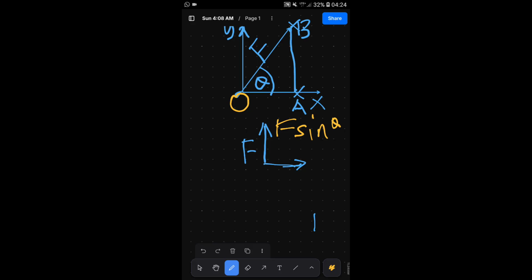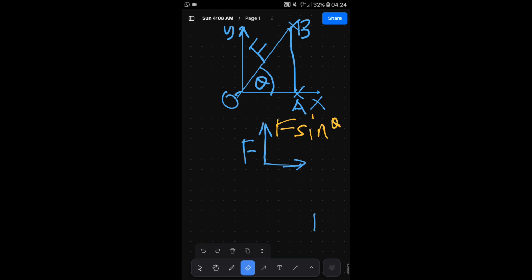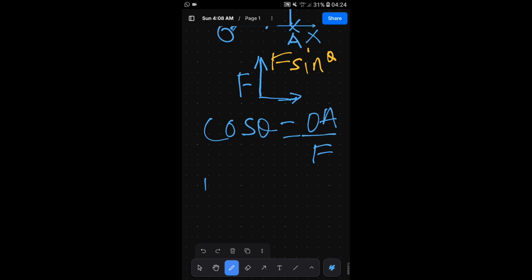So cos theta is the length OA on the hypotenuse, which is F. To get the length OA, which is the horizontal component of the force, and which is the component that acts in the same direction of motion, OA is equal to F cos theta, and that gives you the horizontal component of the force.